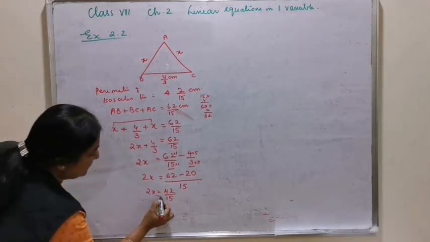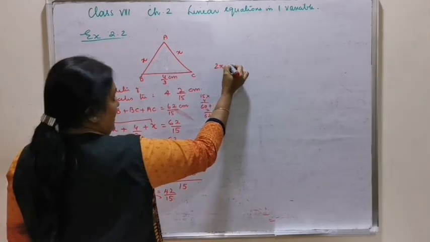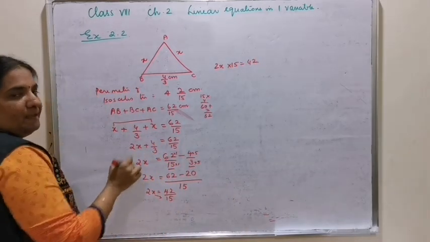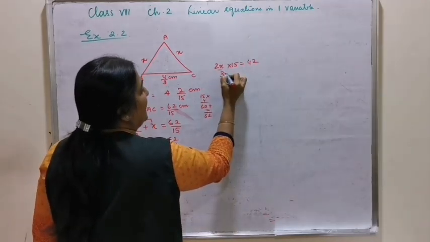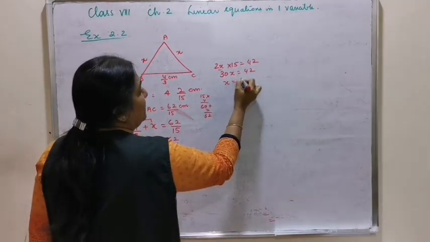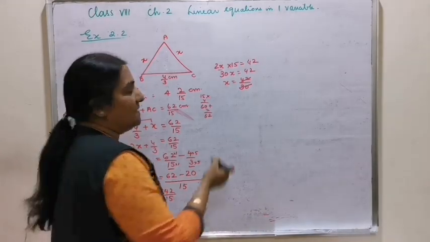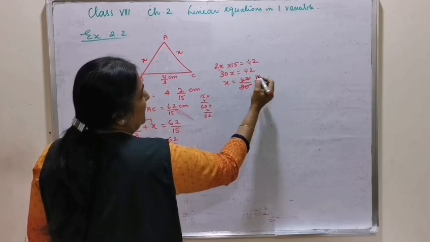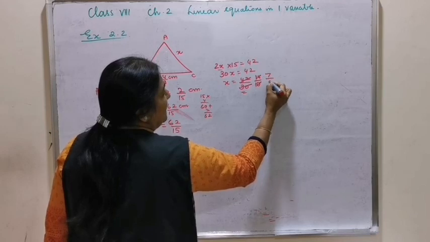The best method is to cross multiply. That is, 2x into 15 is equal to 42. No need of multiplying actually, or even if you multiply, 30x is equal to 42. x is equal to 42 by 30, divisible by 3. 3 ones are 3, 3 fours are 12, so it is 14 by 10, or again divisible by 2, it is 7 by 5.